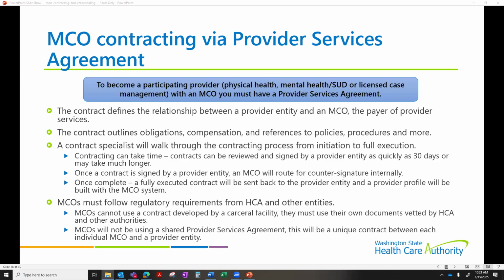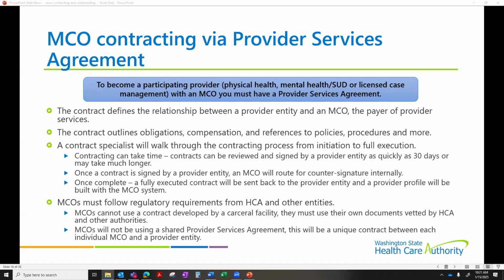It defines the critical aspects, such as the obligations, the compensation, and expectations of both parties, while also providing references to policies and procedures. A contract specialist will help guide providers through the entire process, from initiation to full execution, ensuring clarity and compliance along the way.